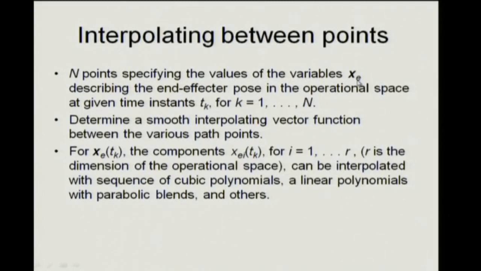Whichever is the number of components, you can extricate one of those components and stack it, then it becomes the same as what we were discussing in the previous class, just a single dimension sequence of points. Then you can do whatever you want: cubic polynomials, linear polynomials, parabolic blends, modified trapezoids. I am just extricating one of the elements of it and doing a linear blend.